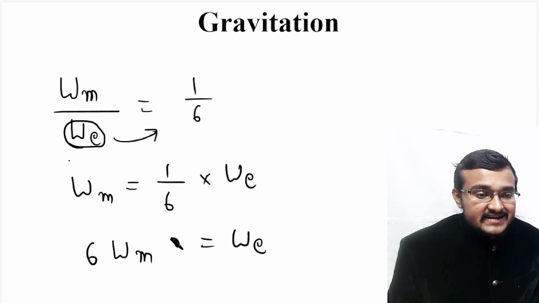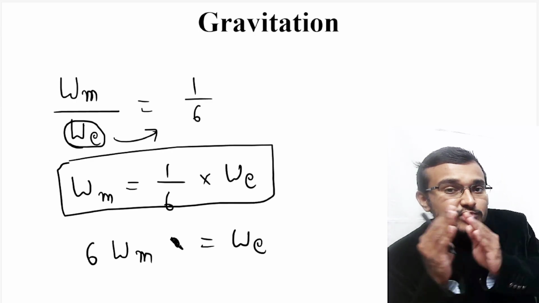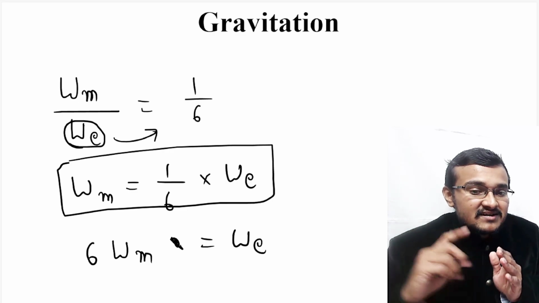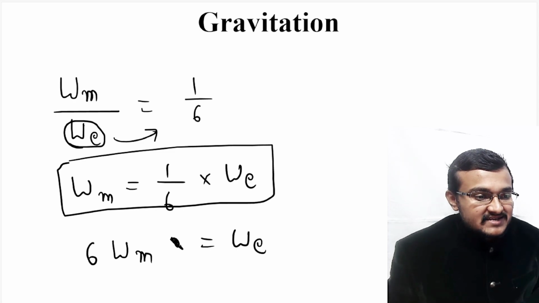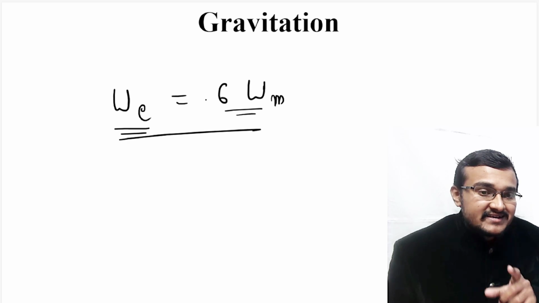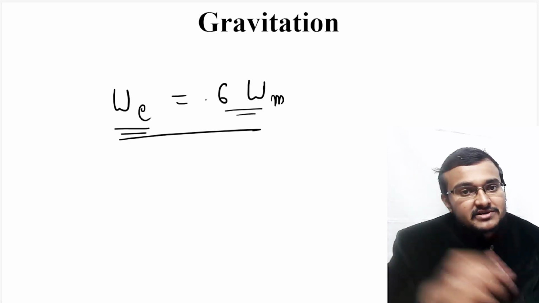That means Wm is equal to 1 by 6 We. So the weight on moon will be 1 by 6 times less compared to the weight on earth. Or you can tell this as We is equal to 6 into Wm. That is, weight on earth is 6 times more than the weight on moon.